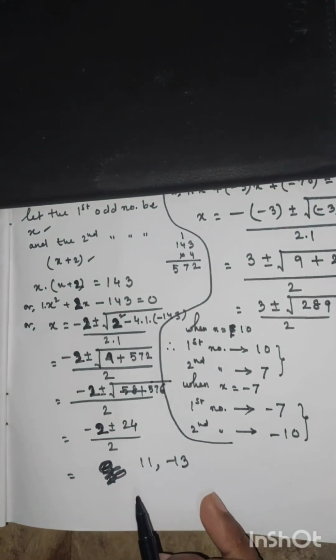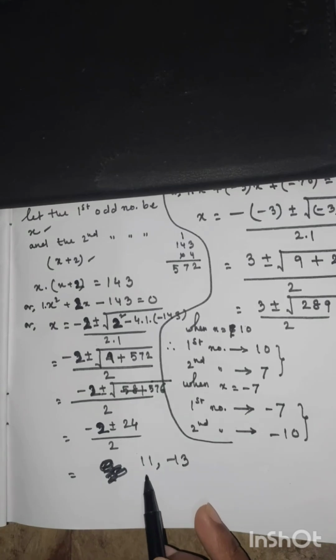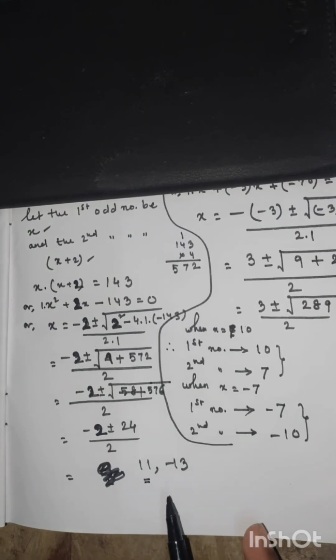Now, according to our question, the odd numbers are positive odd numbers, so I can take 11. I cannot take minus 13. Okay, 11 and 13.